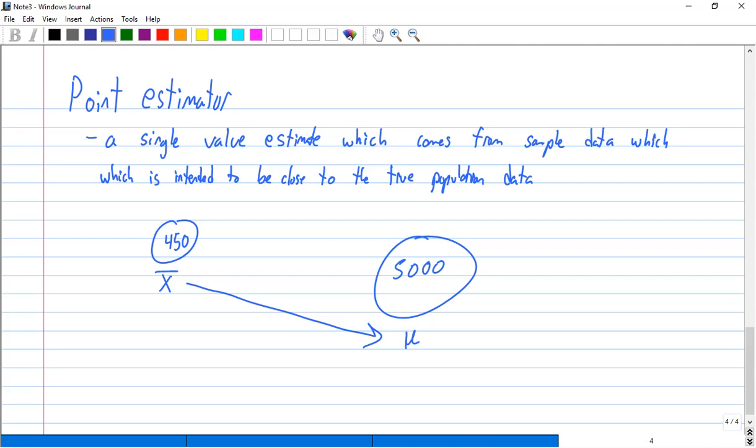A mean, a variance, and a proportion of a sample are all good point estimators.